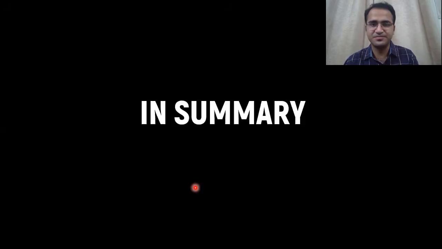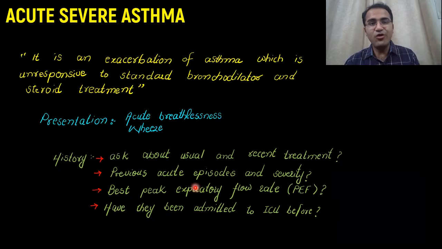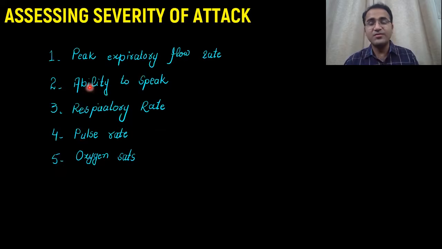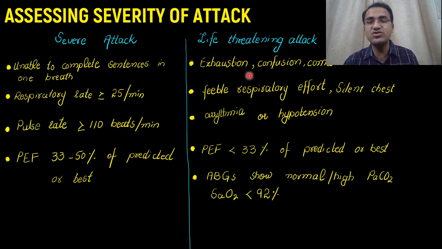In summary, we talked about what is acute severe asthma, how does it present, what are the points that you need to take in the history. Then we talked about assessment of the acute severity of asthma by peak expiratory flow rate and certain factors, and classification of the patient based on those factors.